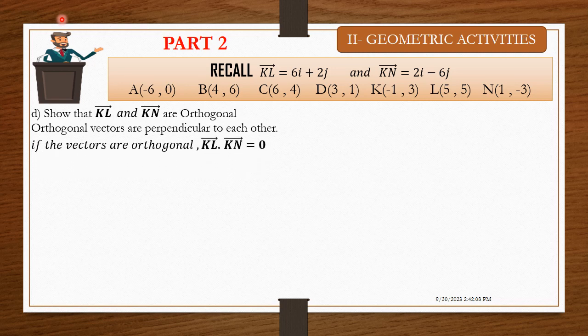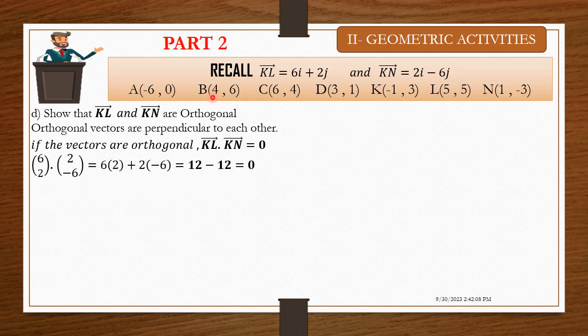If vectors are orthogonal, the dot product of the vectors gives you 0, because the dot product of two vectors A dot B is equal to the magnitude of A times the magnitude of B times cosine theta. The dot product of any two perpendicular vectors will give you 0. So KL dot KN must be equal to 0.